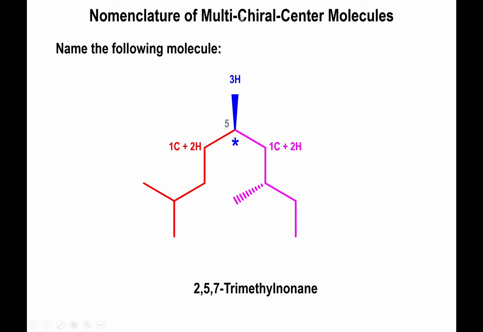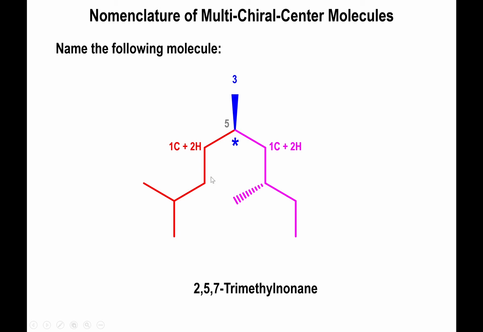Right? And so you can kind of see that there. 3 H's versus 2 H's means that you have one carbon bound to that center. So priority 3 is going to be the methyl group up there. Now, these positions that contain 2 H's are equivalent, so we need to move further out into the red chain and further out into the pink chain.